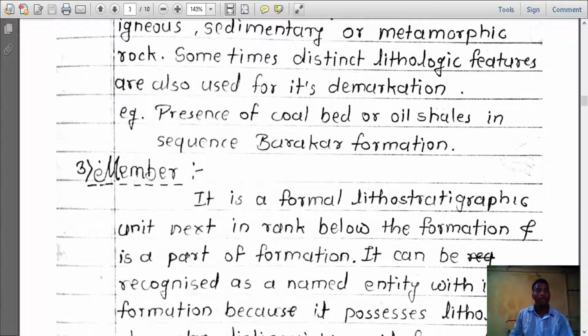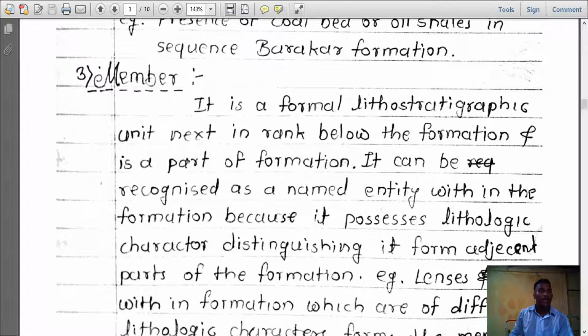Then member. It is a formal lithostratigraphic unit next in rank below the formation, and it is a part of a formation. It can be recognized as a named entity within the formation because it possesses lithologic character distinguishing it from adjacent parts of the formation.